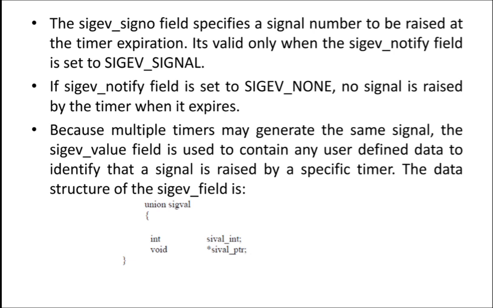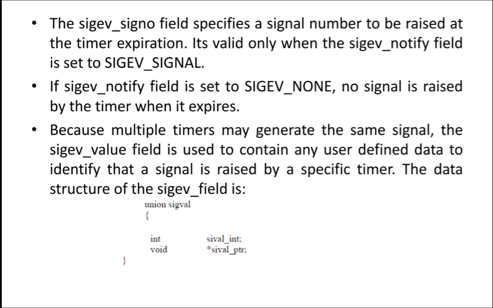Hope you are understanding. So if you want to identify the same signal sent by multiple timers, if you want to find out which signal belongs to which timer, you can do that using the sig event value, which contains some user related data.